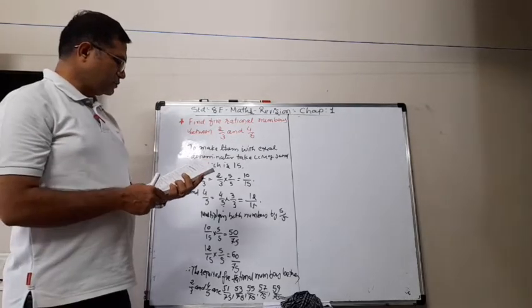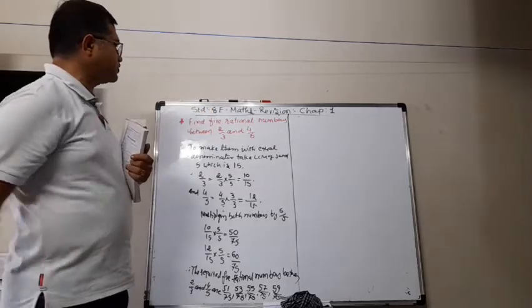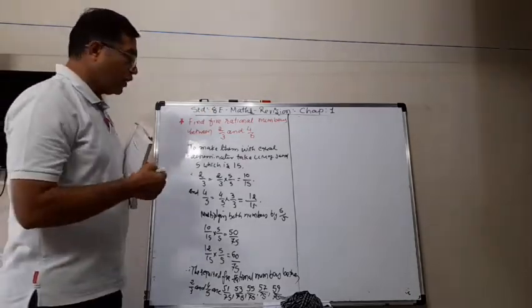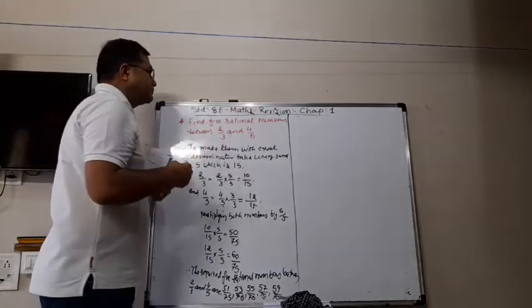Now let's do some other examples related to the multiplication of rational numbers.